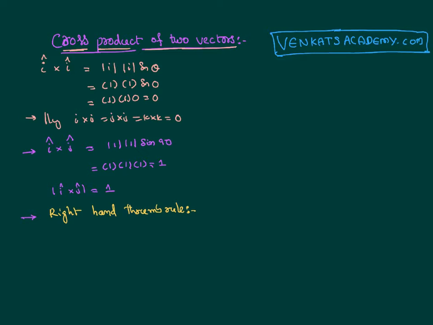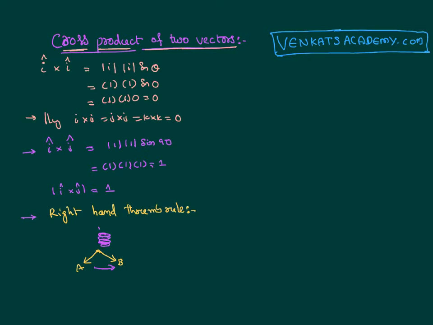It simply tells you that if there is a vector a bar and another vector b bar, and I want to find out a bar cross b bar, I have to put my right hand in such a way that I am curling my fingers from a bar to b bar.